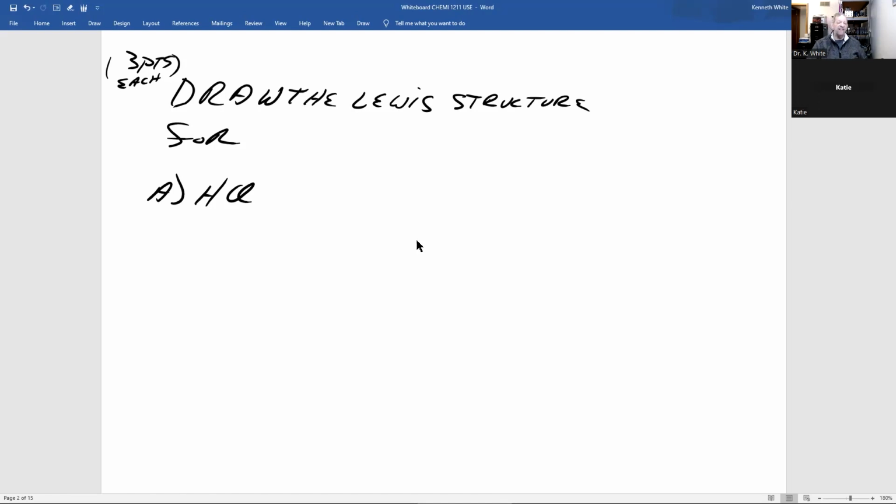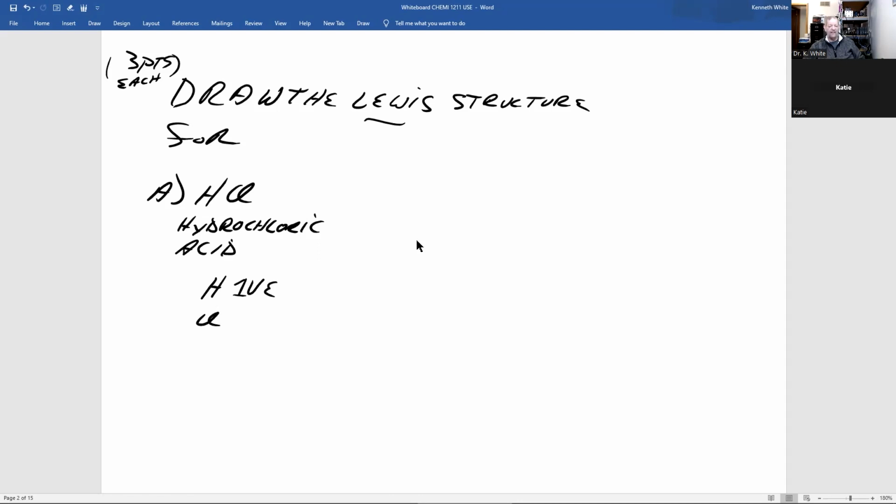And here we have hydrochloric acid, HCl. And Lewis structure means valence electrons. Each hydrogen has 1 valence electron.